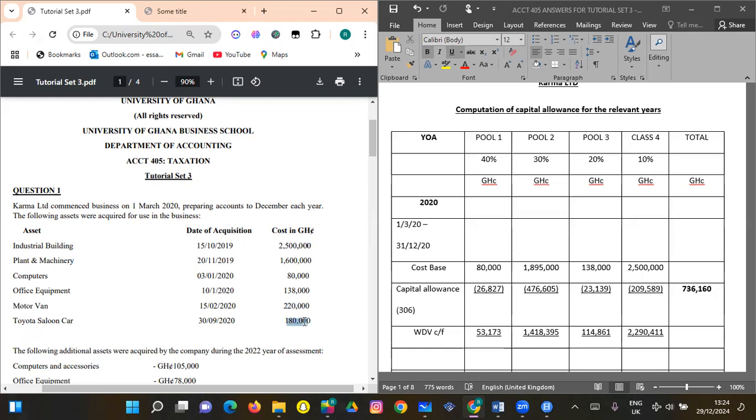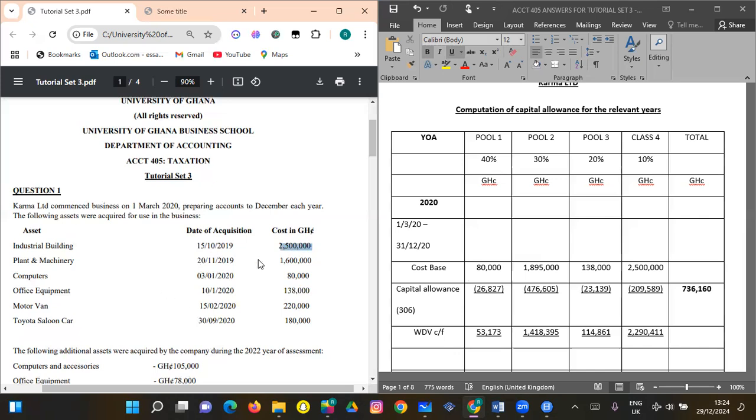And then this one will be changed to 75,000, since that's the max. When we add all of them, this is what we are going to get here: 1,895,000. Then pool three is going to have office equipment. That's what we are having here. And then pool four is going to be the industrial building. That's what we are having here.